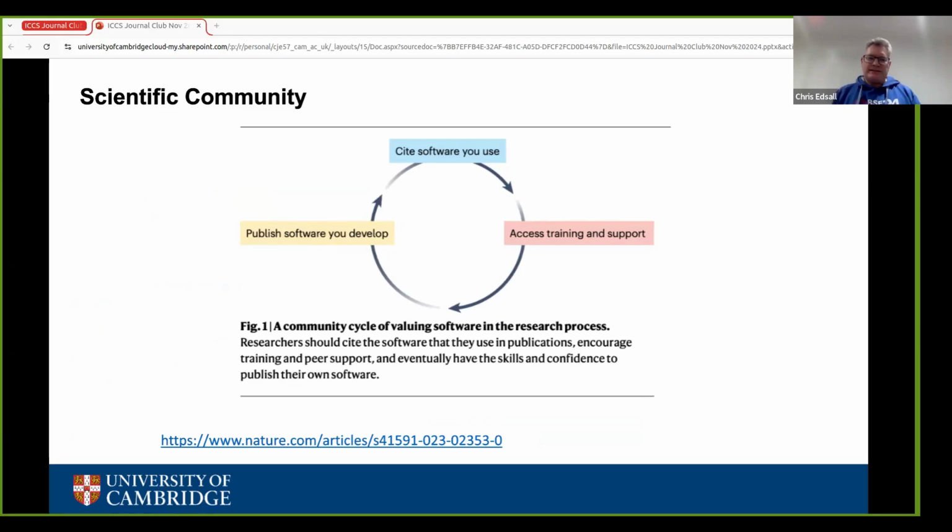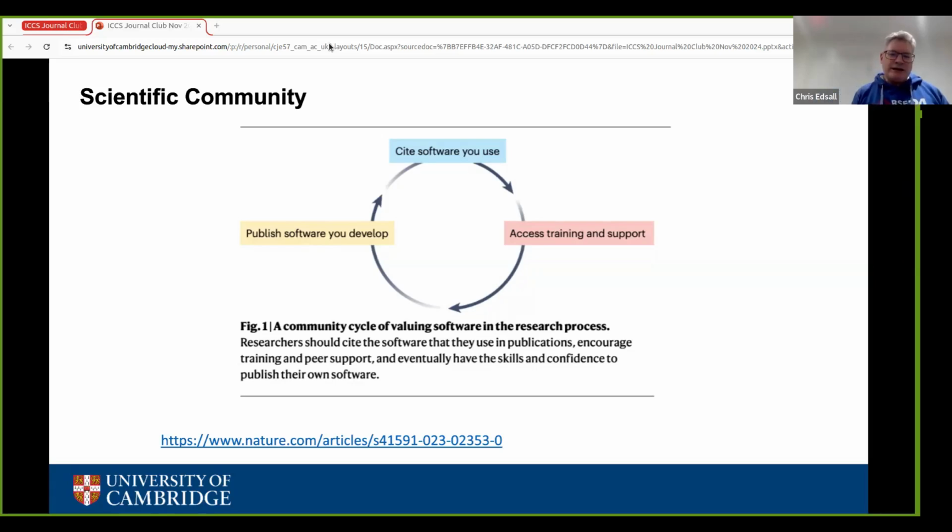So why does the scientific community need research software engineering? You have this virtuous circle if you do your science openly. So this is from a paper. Unfortunately, my notes are covered up by the screen sharing thing. Paper titled "Research Software Engineering Accelerates the Translation of Biomedical Research for Health."